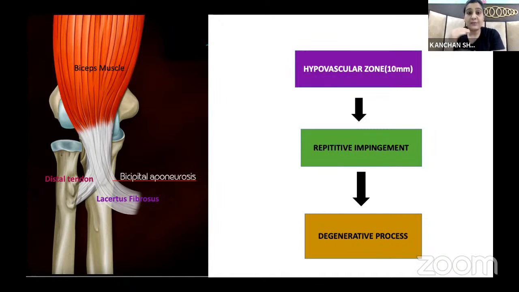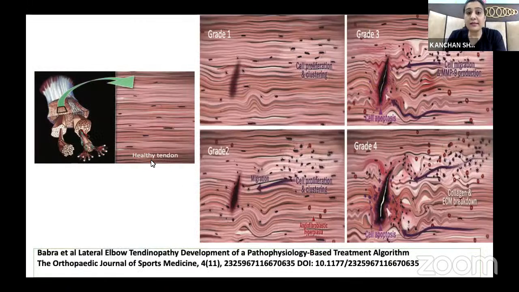Impingement of this tendon means repeated microtraumas will develop inside the tendon. Sometimes the tendon heals over a period of time. Otherwise, if the tendon is not able to heal, the degenerative process sets in. The failure of healing is going to lead to tendinosis, then partial tear, and then complete tear. Fine. So this is how a healthy tendon looks like.